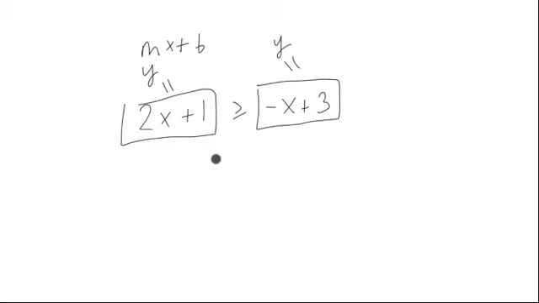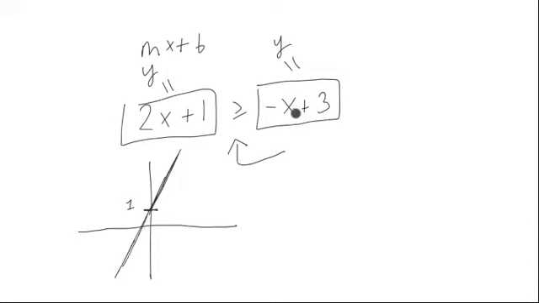So really, we can convert this inequality statement into a purely geometric picture on a graph. Let's think about 2x plus 1. Its y-intercept is 1, and then we're going up with a slope of 2, going up like that.